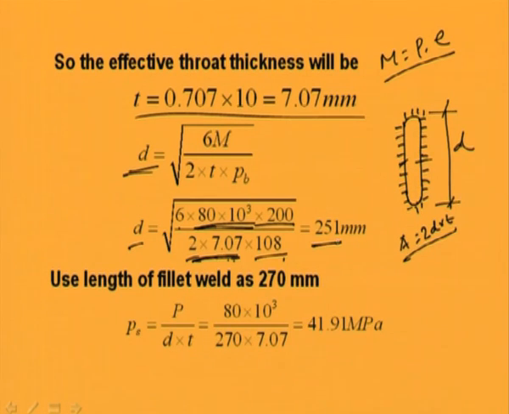Now we are using the length of fillet weld as 270 mm. Why not 250 or 255 or at least 260? Because we know two types of stress will develop here. One is bending stress, which is called Pb, and another is the shear stress.